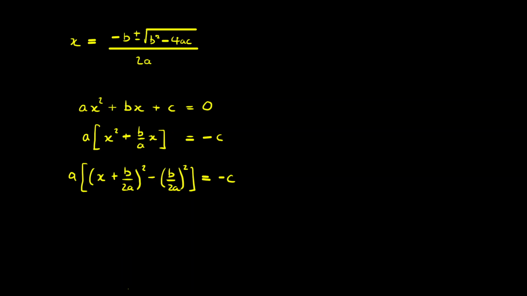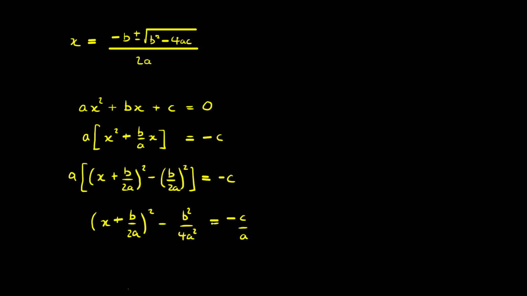Okay, now what I'm going to do is divide both sides through by a. So I'm going to get here x plus b upon 2a all squared minus b squared upon 4a squared is equal to minus c upon a.